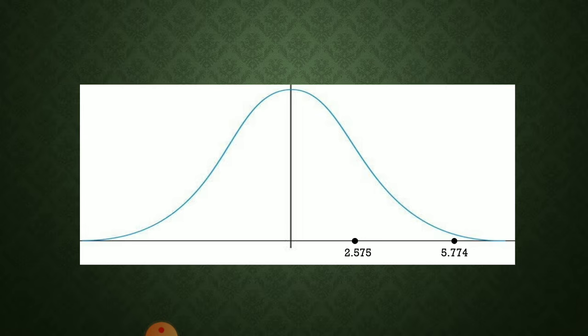Then on the rightmost part is the Z computed value of 5.774. From this itself, the Z computed value goes beyond the Z tabular value. Therefore, this confirms the alternative hypothesis.